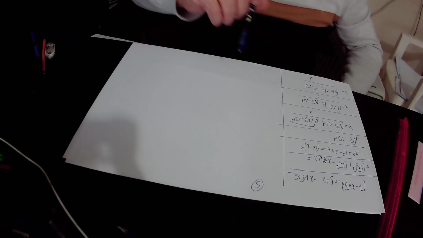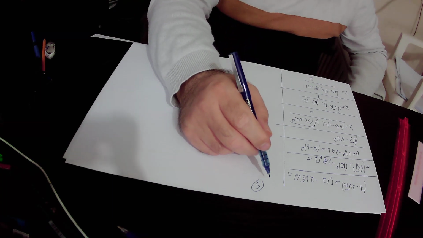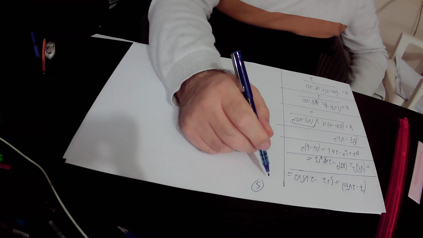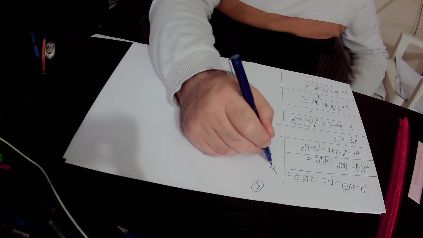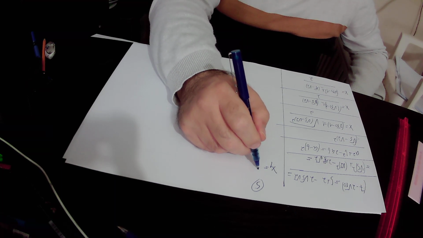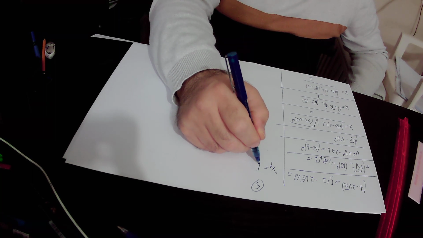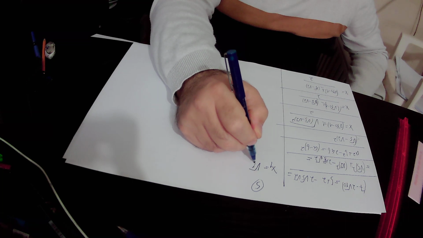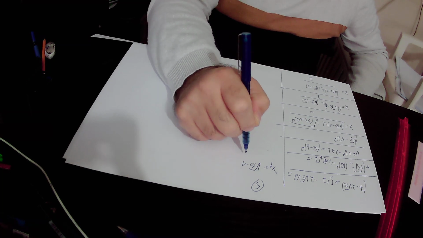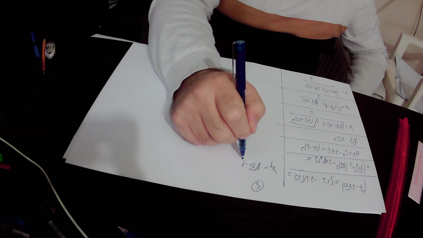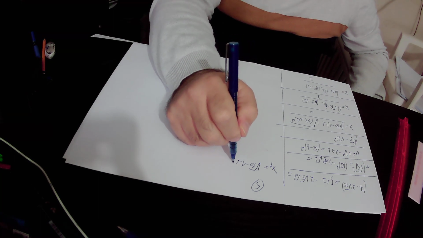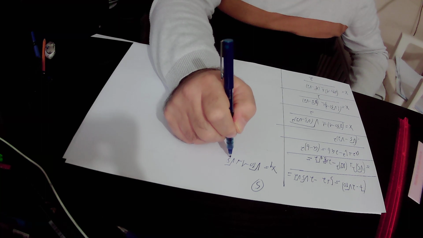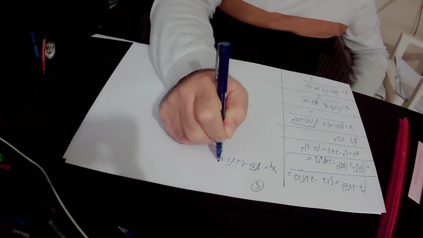So the first solution to the quadratic equation will be x1, that will be equal to the square root of 10 minus 1, plus the square root of 5 minus the square root of 2, over 2.